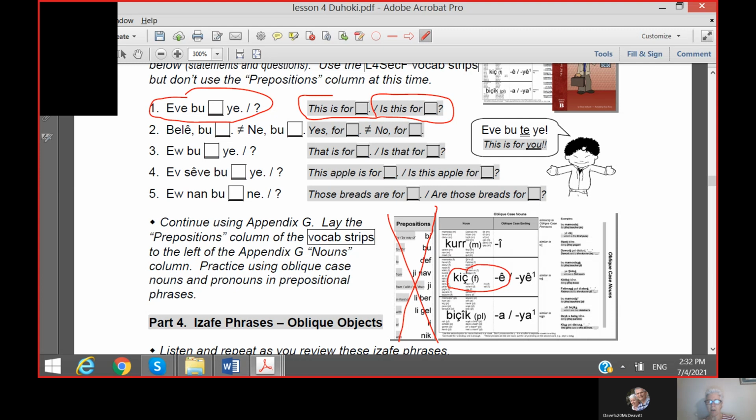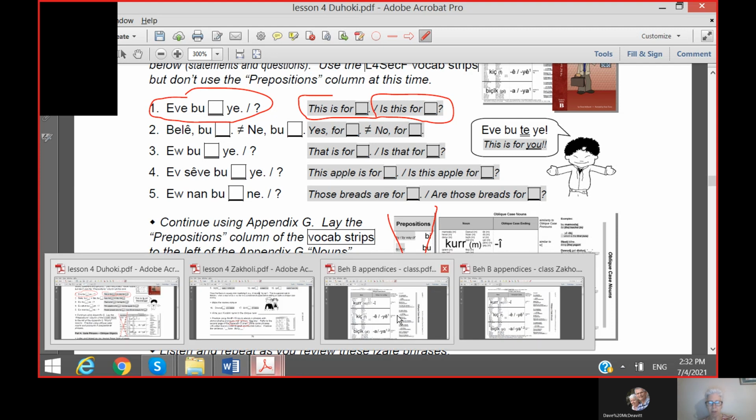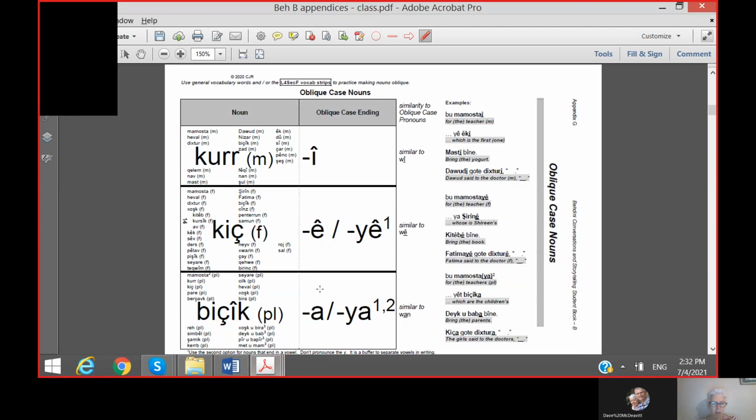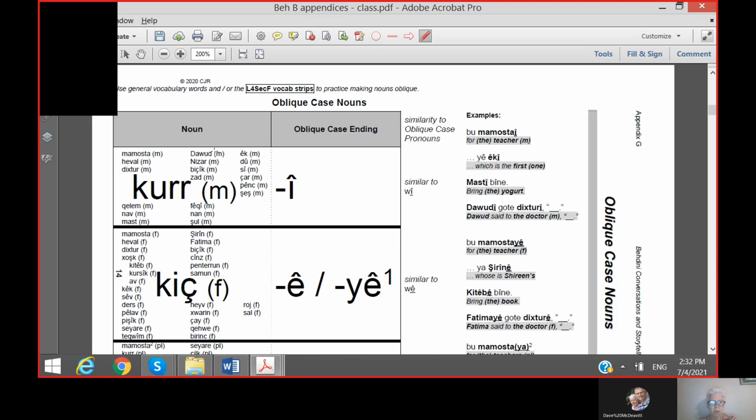boo bichika, or anything else in there that makes sense. You can even use a name, I believe. Yeah. So you could use any name, any masculine name, Dawood, Nizar, any feminine name, Shireen, Fatima.